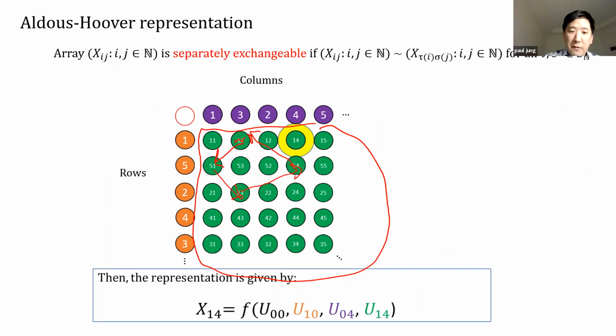So you would have that this is really U1 and this is U4, and you would have a single sequence here instead of two different sequences. You would maybe just color these all orange, and then you would use the same permutation on the orange, the columns and the rows.